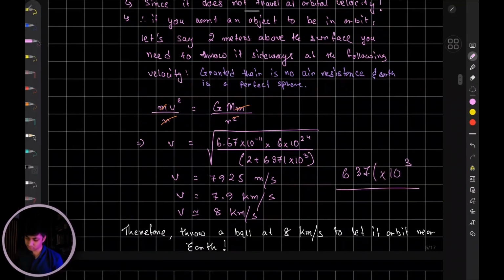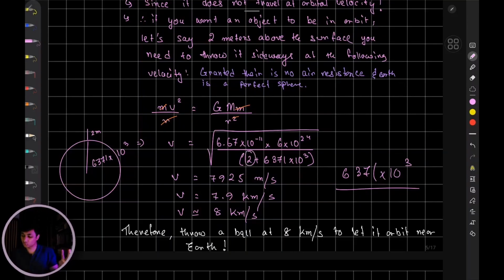That is your radius of Earth. And let's say I'm throwing the ball from this position, which is 2 meters above the surface. So I'm going to consider the separation to be 6,371 times 10 to the power 3 plus 2 meters.